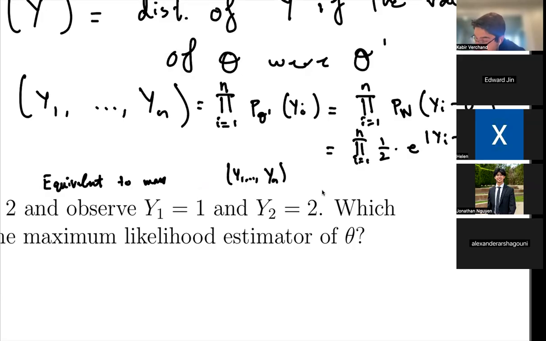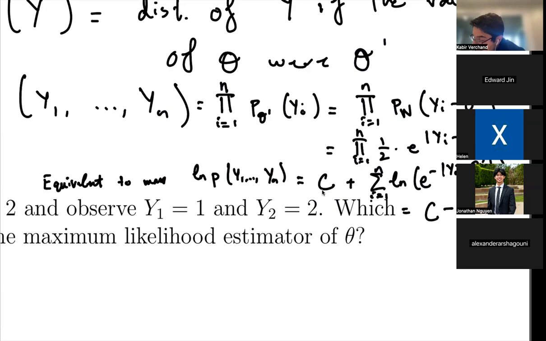And let me be clear, this is the natural log, which is equal to a constant plus the sum i equals 1 to n of the natural log of e to the negative absolute value of yi minus theta prime, which is equal to a constant minus the sum from i equals 1 to n of the absolute value of yi minus theta prime.